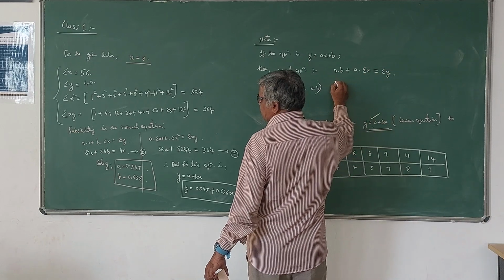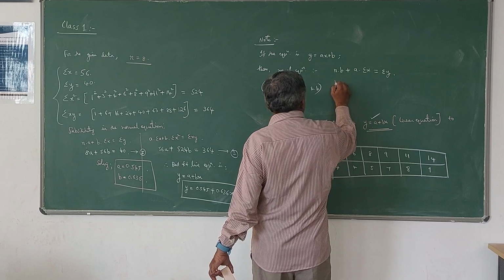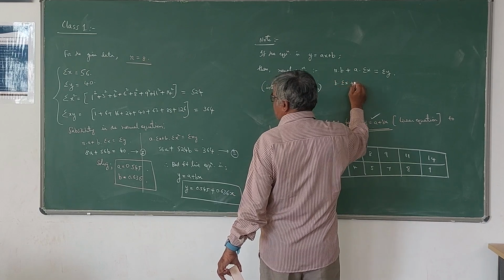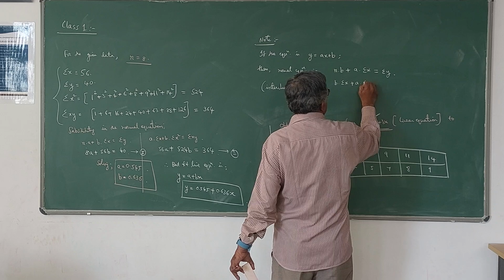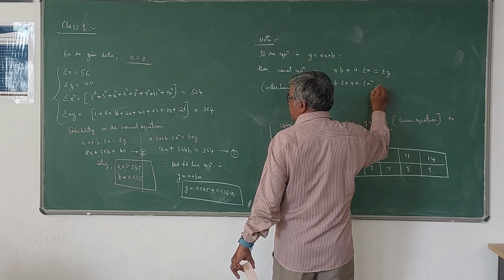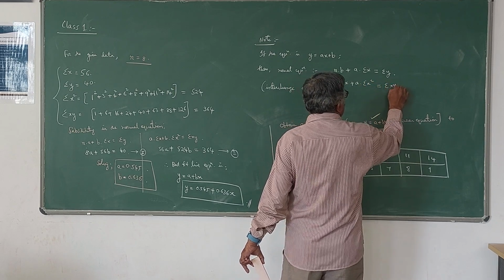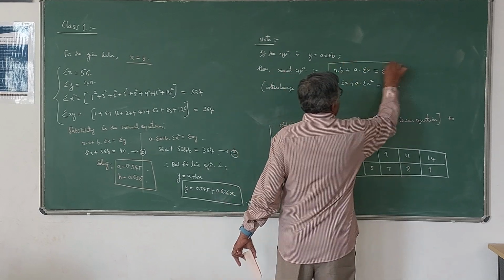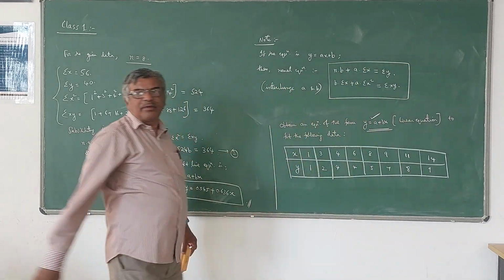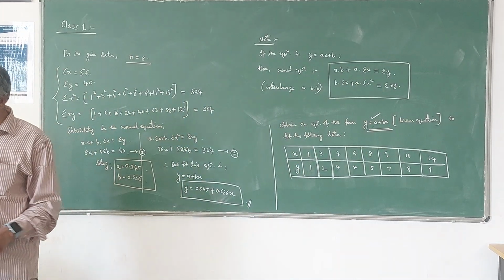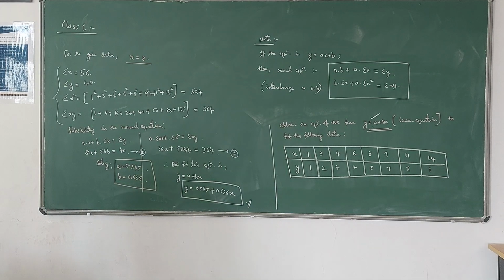The other equation is b into sigma x plus a into sigma x square is equal to sigma xy. The remaining steps are the same. So a and b should be interchanged if they ask in the form ax plus b.